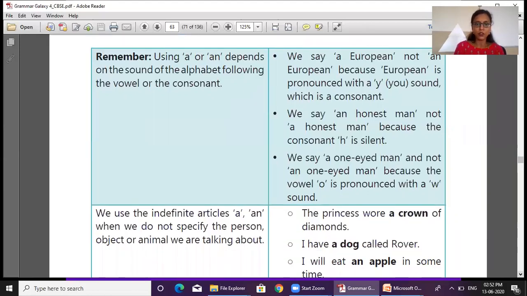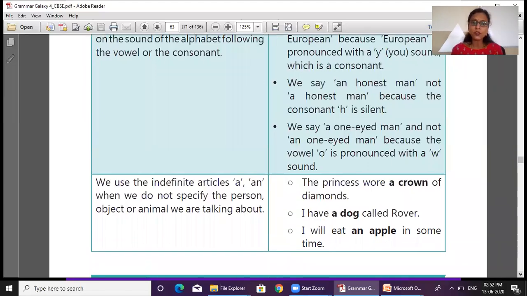Now moving further, we use the indefinite articles a and an when we do not specify the person, the object, or the animal. So when we talk about non-specific nouns, nouns in general, look at the examples. The princess wore a crown of diamonds. A crown, any crown it can be. I have a dog called Rover.